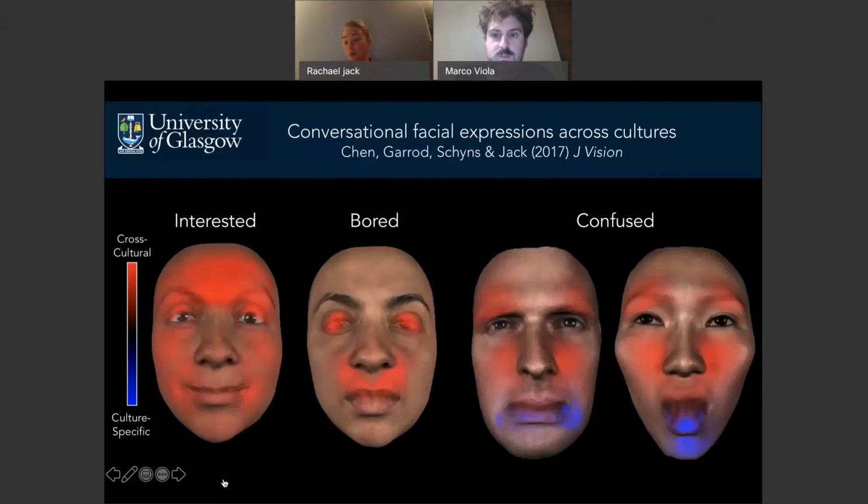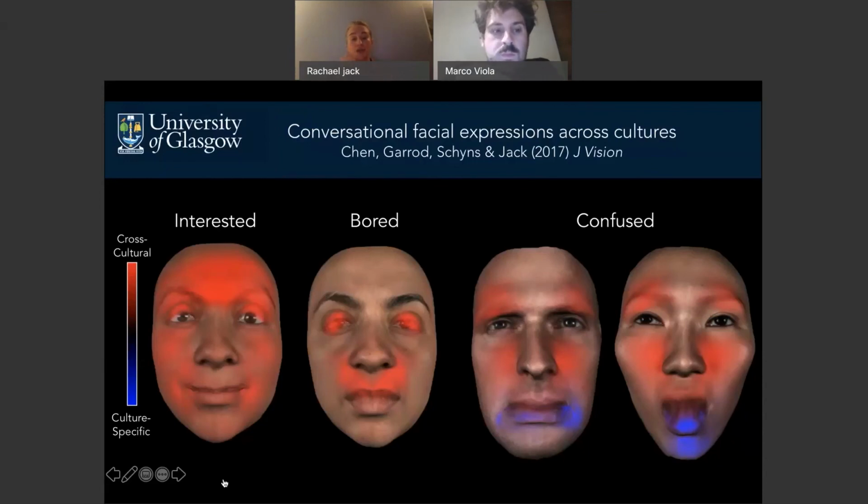the models. We built models in two cultures, East Asian culture and Western culture. And then what we're able to do is directly and formally compare the facial expression signals to specifically isolate the face movements that are culturally common and those which are specific.